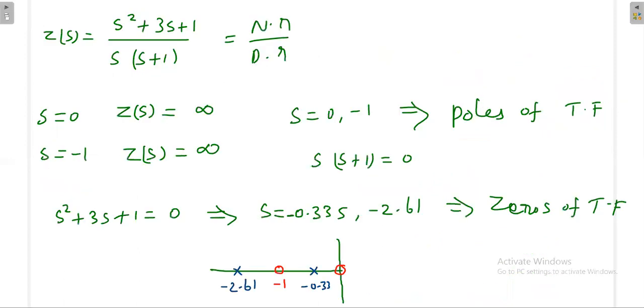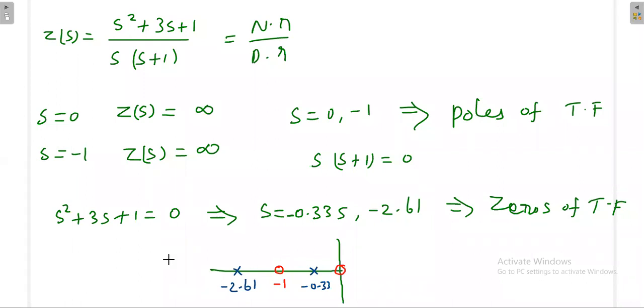We took an RC network, then you observe the pole and zero pattern: they are alternating. First a zero is there, next a pole, again a zero, then a pole. Also they are on the negative real axis.